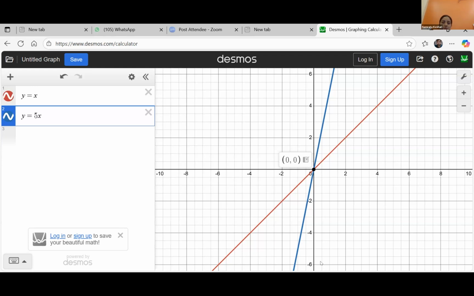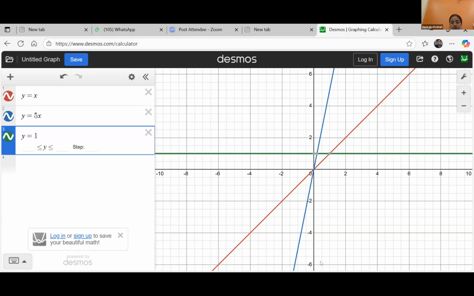Just a second, it should not be 0.2. It's 5, just 5.